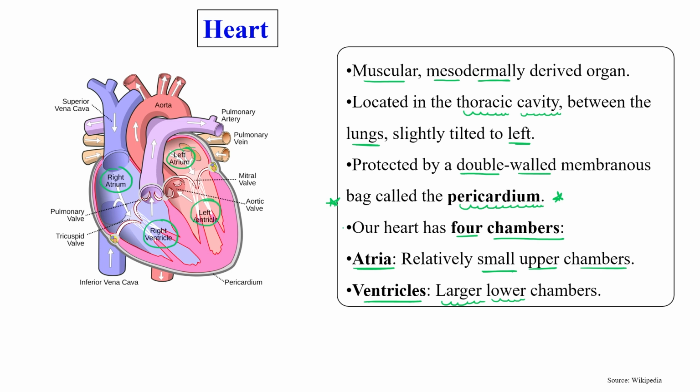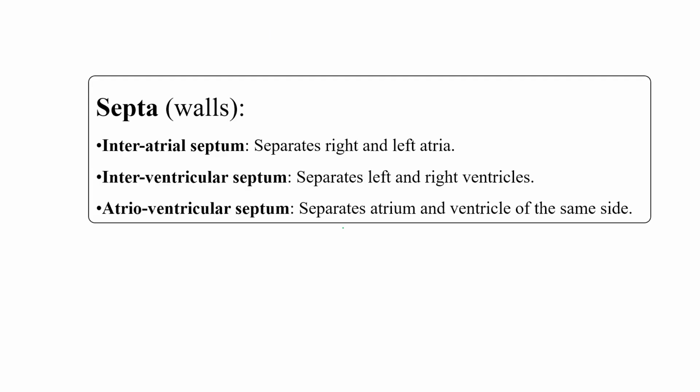Clear? Okay. Now, there are some walls also present, which are known as septa, present between our atria and ventricles. The first one is the interatrial septum, which separates the right and left atria.